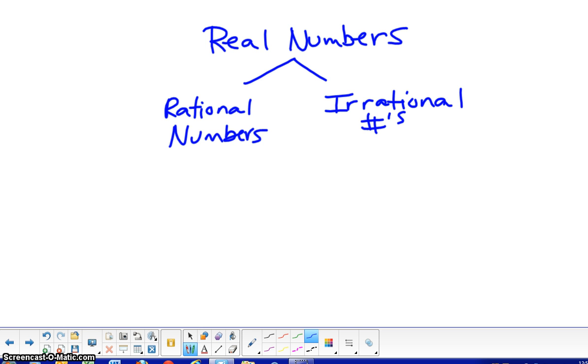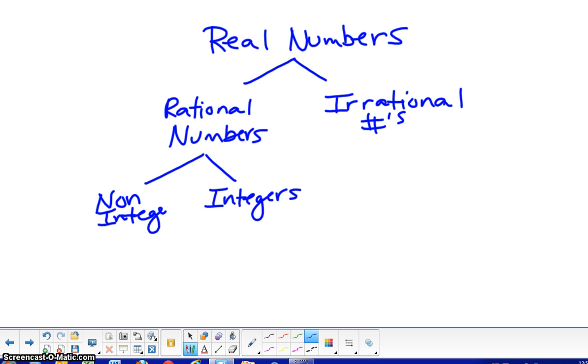Irrational, there's nothing else we can do with that because there's no variation to it. But rational numbers, there are two types of rational numbers. You have the numbers that could be integers, and then your non-integers.